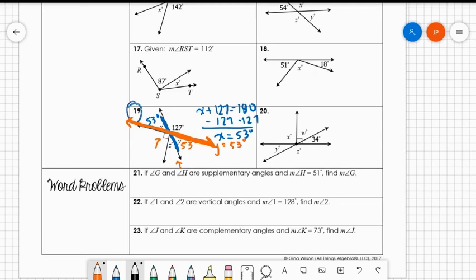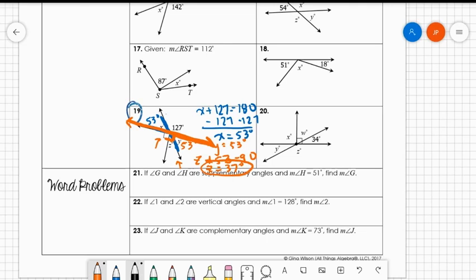If I know that's 90 degrees, then I know this is 90 degrees, and 53 of that 90 degrees is taken up by y. So I can set up a little problem that says, okay, z plus 53 equals 90, and now I can solve for z, making z 37. That one's pretty tricky.